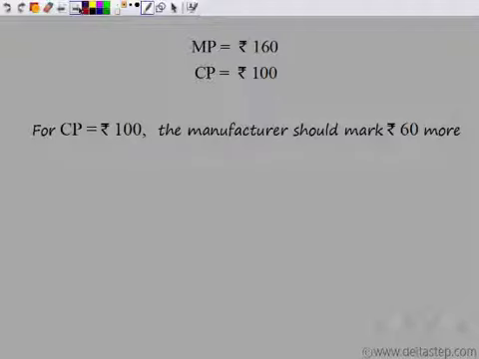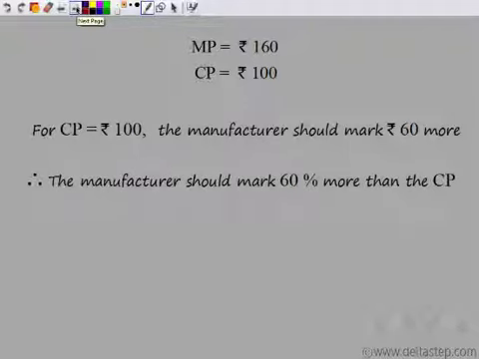So this is 60% more. So for every 100 it is 60 more, or I can say 60 per 100, or this is 60%. So the manufacturer should mark 60% more than the CP, such that even after giving a discount of 25%, he gains 20%.